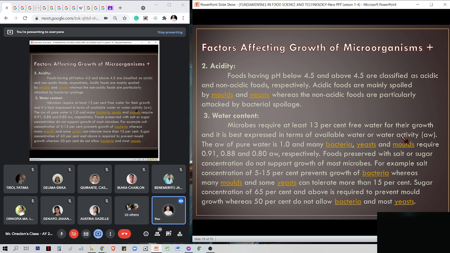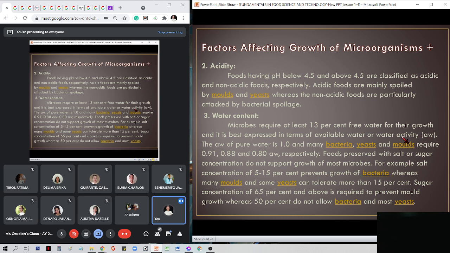AW means water activity, the presence of water in a certain food or in a certain thing. The water activity of pure water is 1.0, and many bacteria, yeast, and molds require 0.91, 0.88 and 0.80 water activity respectively.